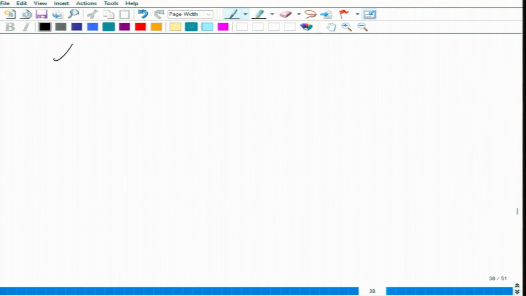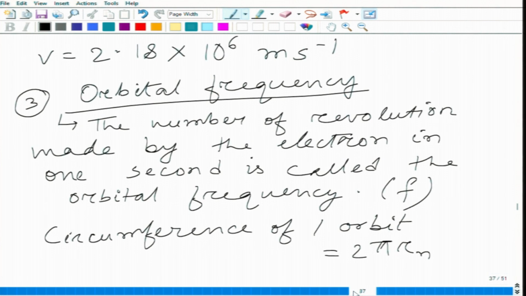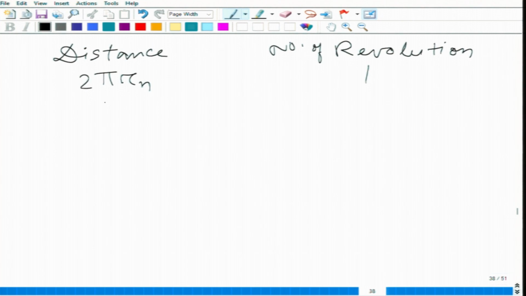So, if we relate distance to number of revolutions, if the distance is 2 pi Rn, the number of revolution is 1. That is, in one revolution, the electron completes a distance of 2 pi Rn. So, for unit distance, the number of revolution is 1 by 2 pi Rn.